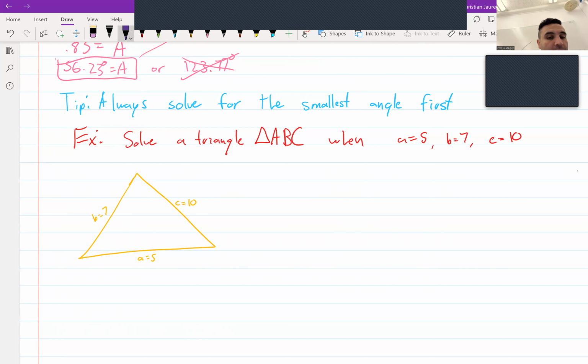And now remember the tip I gave us. Always solve for the smallest angle first. So which one would that be? Big C, big B, or big A?